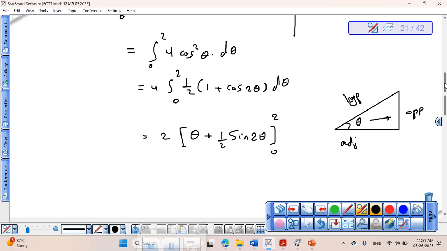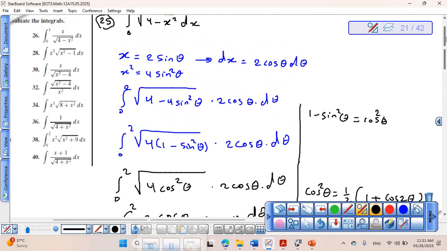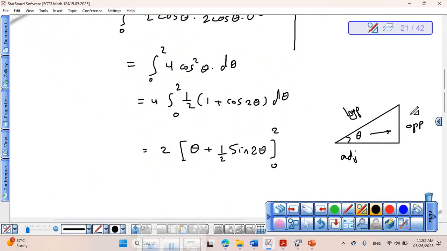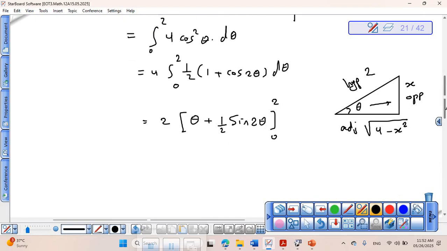In the beginning we can write sine theta equals x over 2, which is opposite over hypotenuse. Opposite is x, hypotenuse is 2, and the adjacent is radical 4 minus x squared.